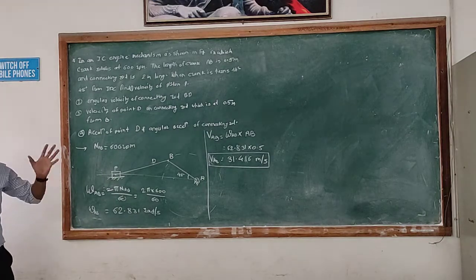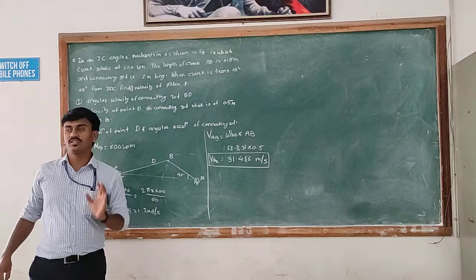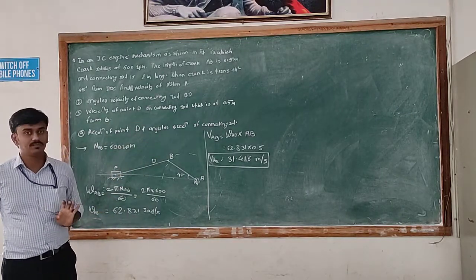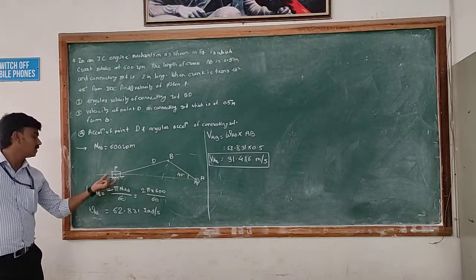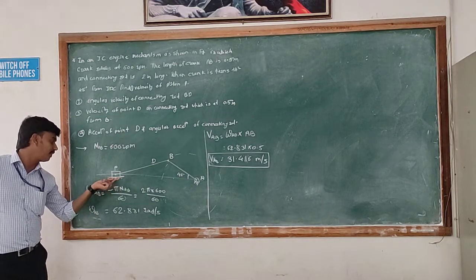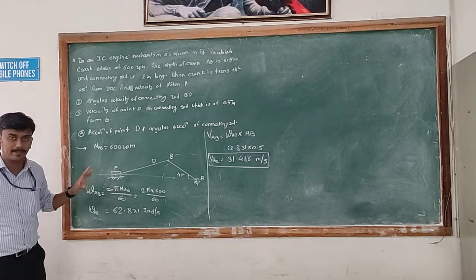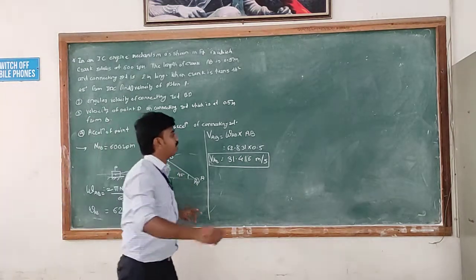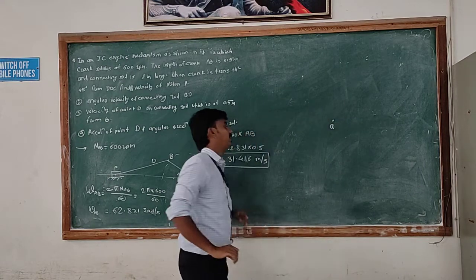Now we have to draw the velocity triangle, or the velocity diagram for this mechanism. Here the point A is fixed and the slider is moving on this fixed link, along this stroke line. So we will mark this as point A, which is fixed.